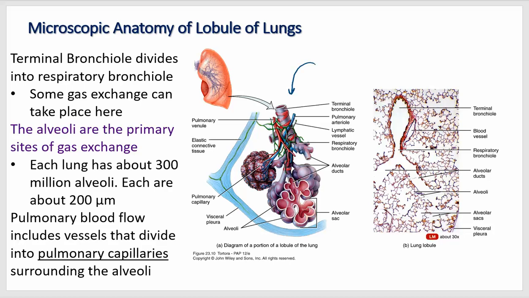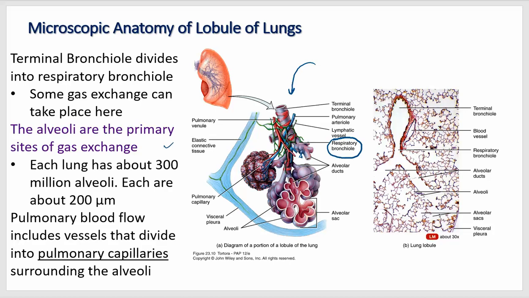It shows everything that's going on where gas exchange is taking place. We can see these terminal bronchioles that divide into the respiratory bronchiole. And this is the respiratory bronchiole here, and we can see that there are some of these little sacs that have formed that can have gas exchange in those areas. But then those bronchioles branch into and form these alveoli, and that's the primary site of gas exchange.